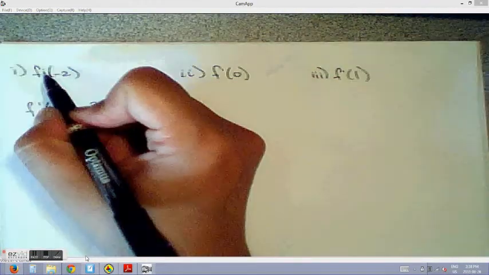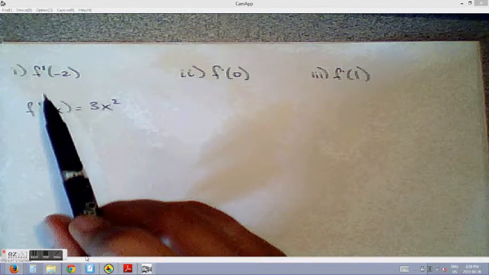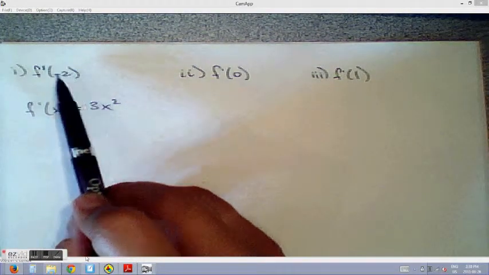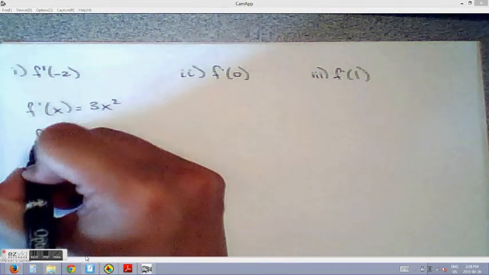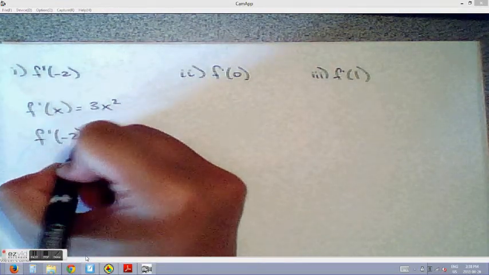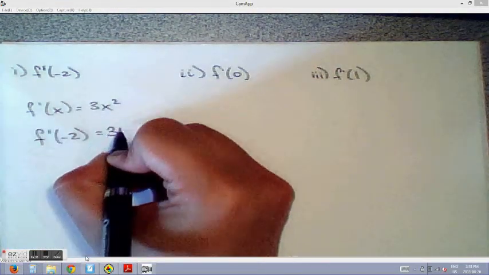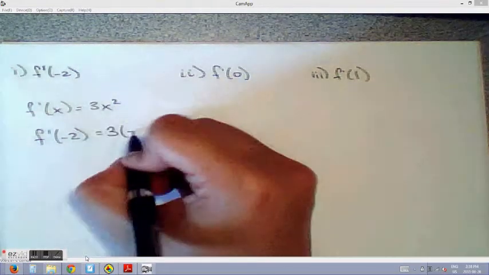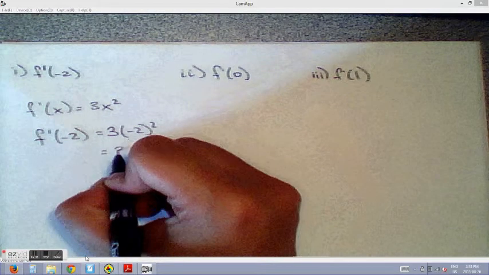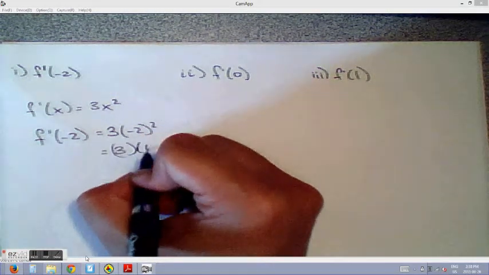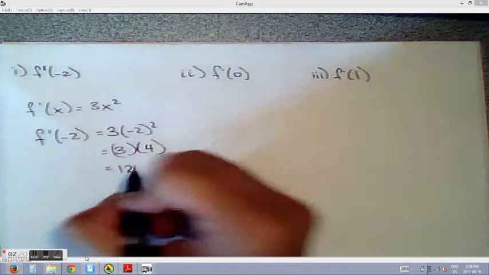We want to evaluate the derivative at x equals -2, so I'm going to replace x with -2. So f'(-2) is equal to 3 times (-2) squared. That's 3 times 4, which is 12.